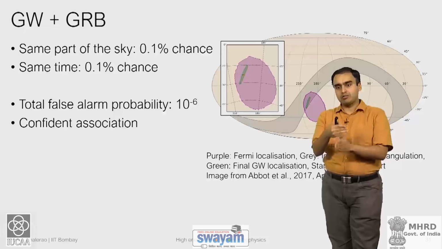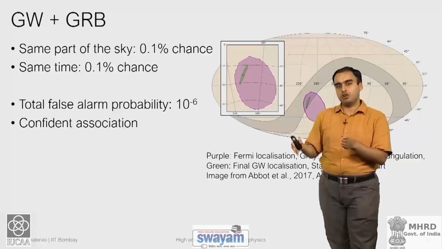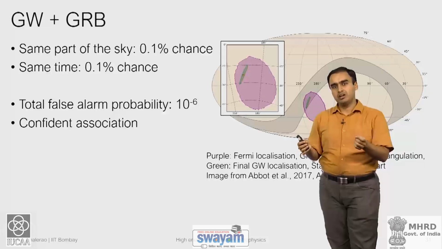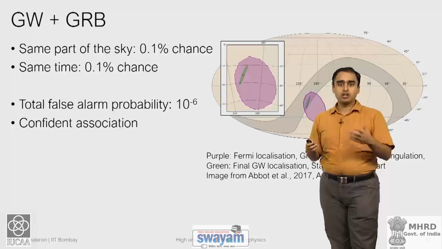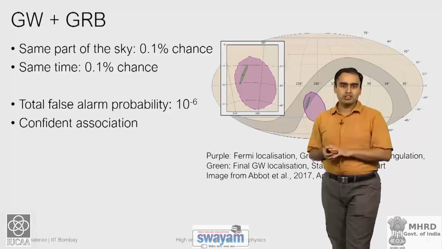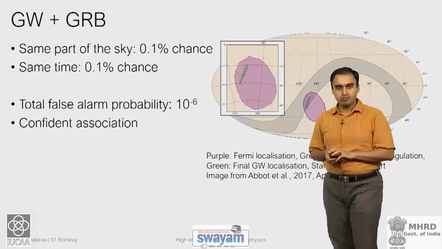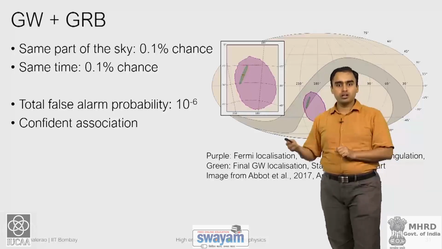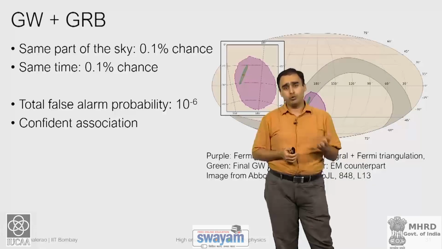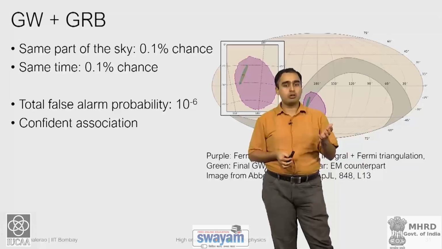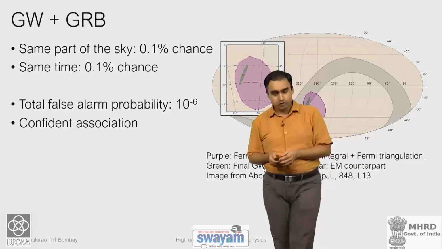If we detect a gamma ray burst which is more than 100 seconds offset from a gravitational wave event, then we can't think of a physical reason why those two would be associated, and we would call them independent events. So, again that gives you order of a 0.1% chance that they would happen at the same time, and put together, what it tells us is that there is only a 10 raised to minus 6 false association probability, a 1 in a million chance that these two are unrelated. That is pretty good, that is confident association.